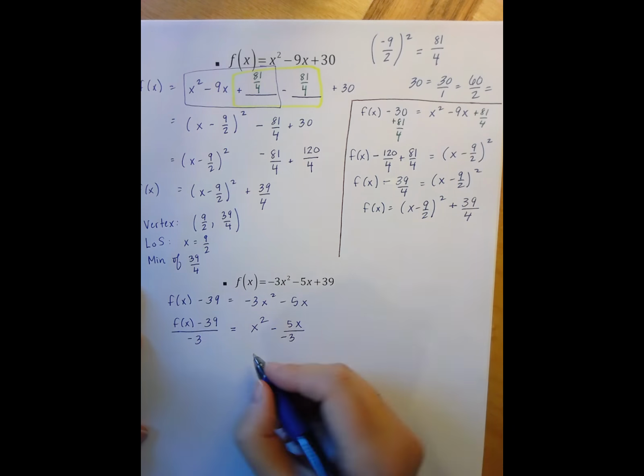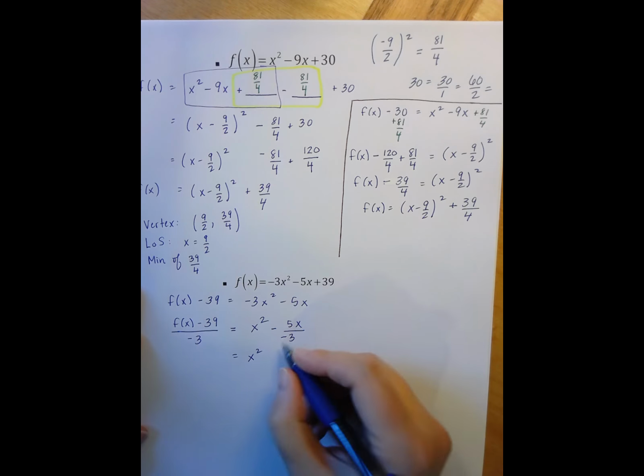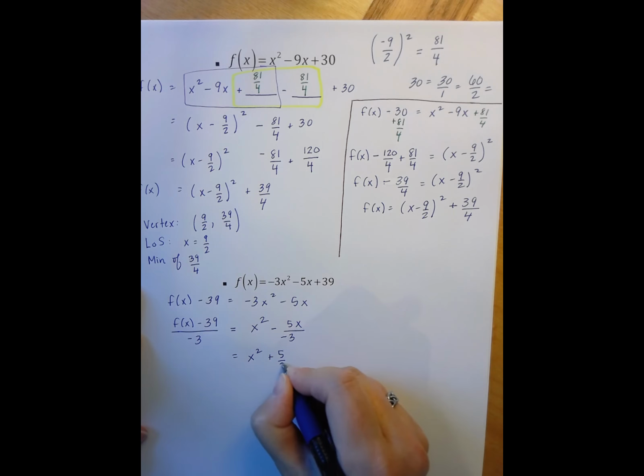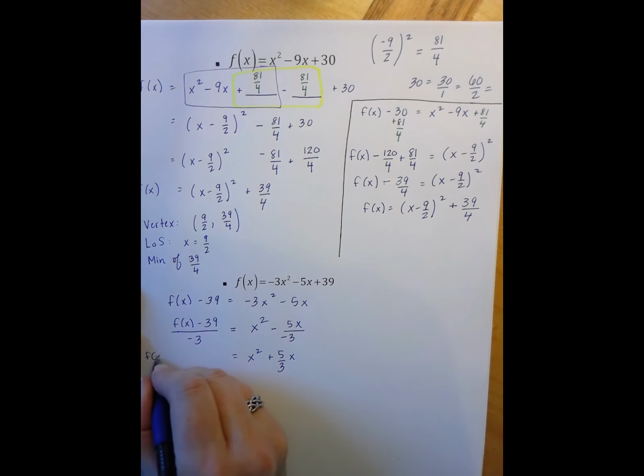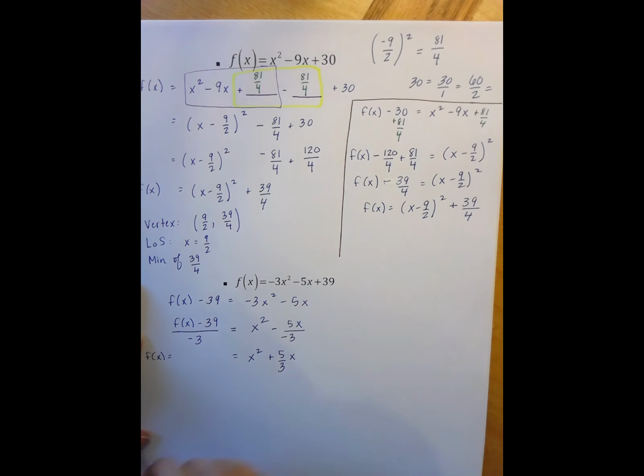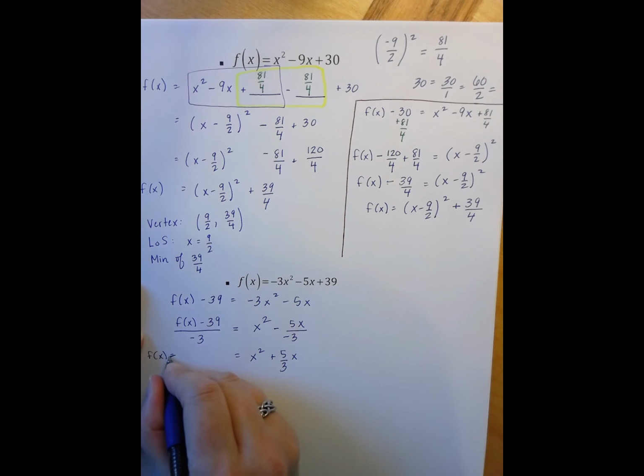I can simplify this slightly, so I'm going to have x squared plus 5 over 3 x. And on the left-hand side, I still have my f of x minus 39 over negative 3.